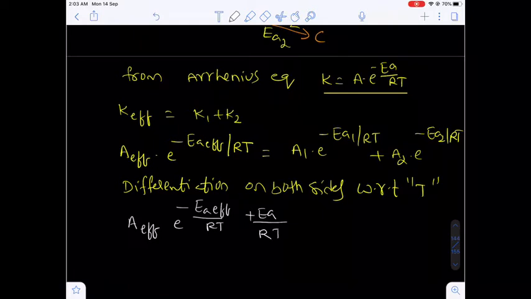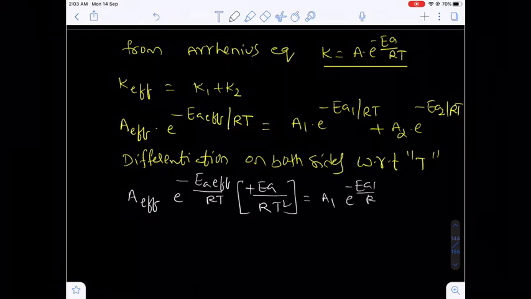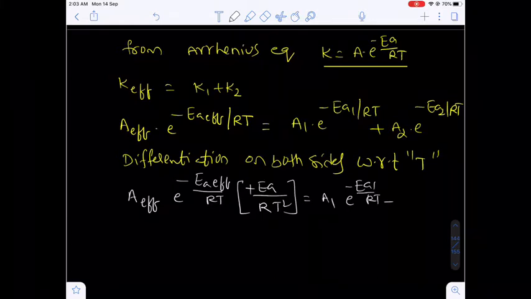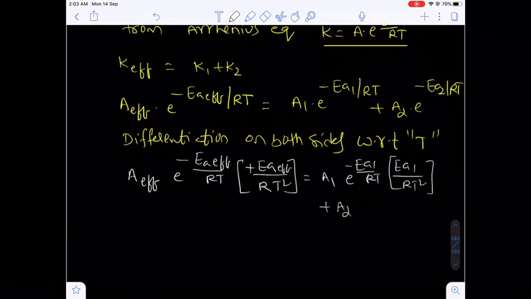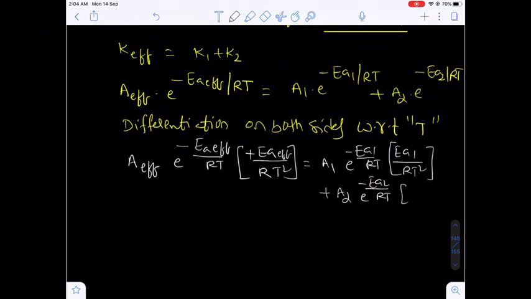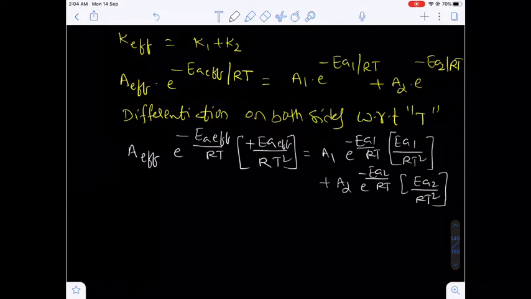So minus of minus becomes plus, and 1 by T square stays, which will be equal to A1 e to the power of minus EA1 by RT, and differentiating the inner function you get EA1 by RT square, plus one more, A2 e to the power of minus EA2 by RT, and differentiating the inner function, EA2 by RT square. Are you getting my point?